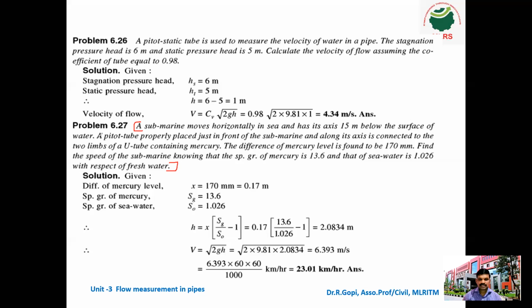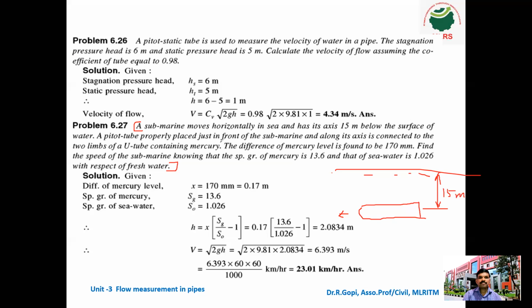Suppose this is the sea level, and this is the submarine, which moves in the water along this direction at a depth of 15 meter below the surface of water.